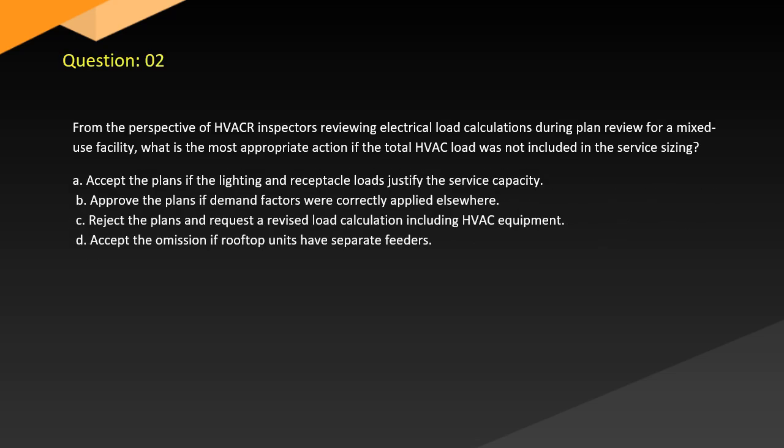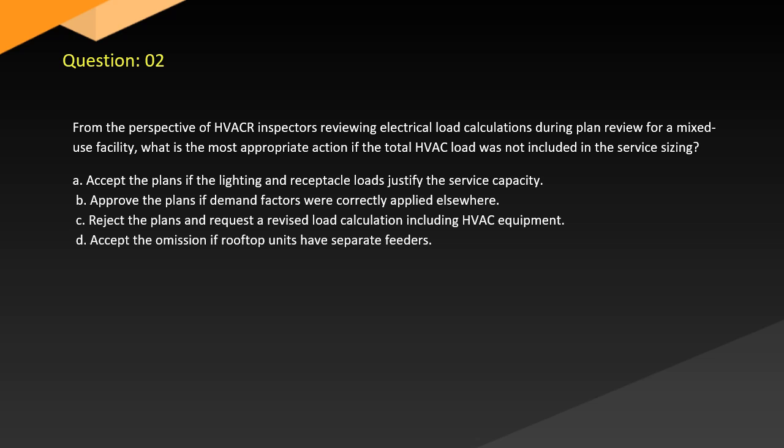Question 2. From the perspective of HVACR inspectors reviewing electrical load calculations during plan review for a mixed-use facility, what is the most appropriate action if the total HVAC load was not included in the service sizing? A. Accept the plans if the lighting and receptacle loads justify the service capacity. B. Approve the plans if demand factors were correctly applied elsewhere.